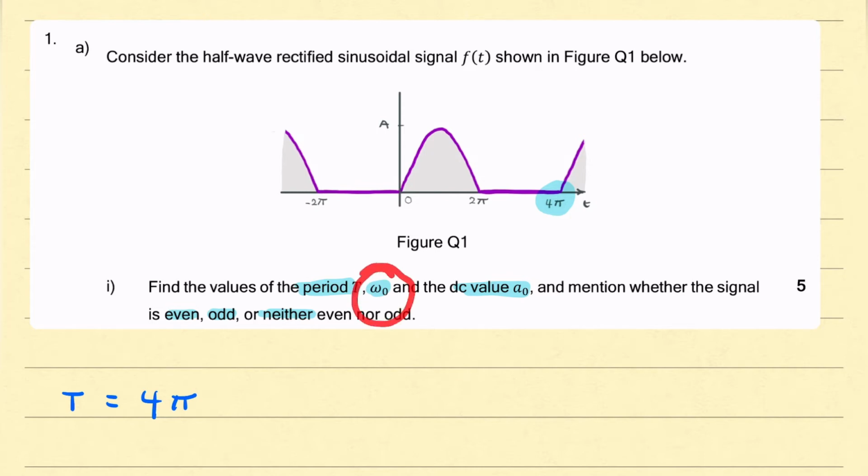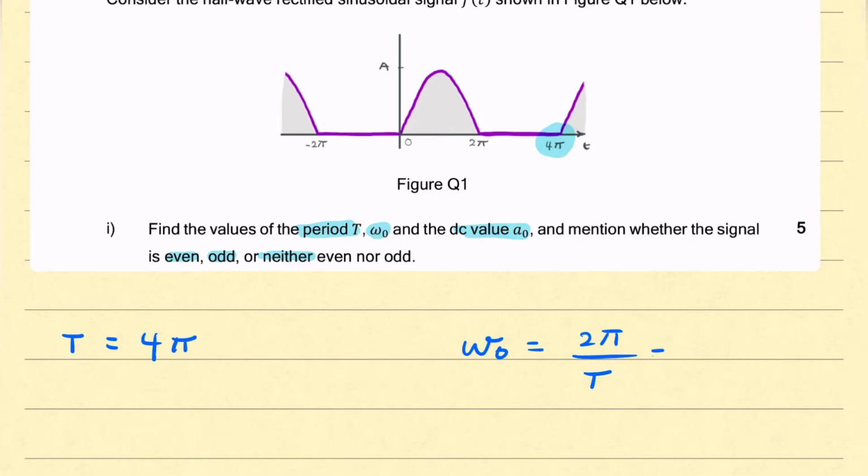It also wants omega naught. So omega naught, the fundamental frequency, is the reciprocal of the period. It's actually 2 pi divided by the period. So that's 2 pi over 4 pi.